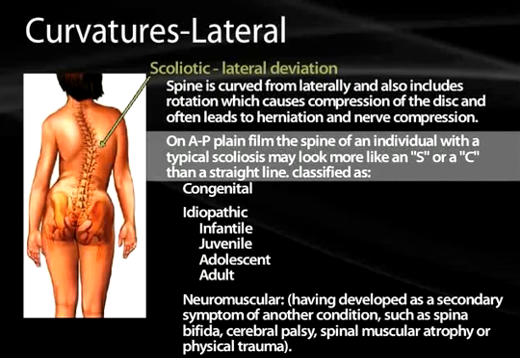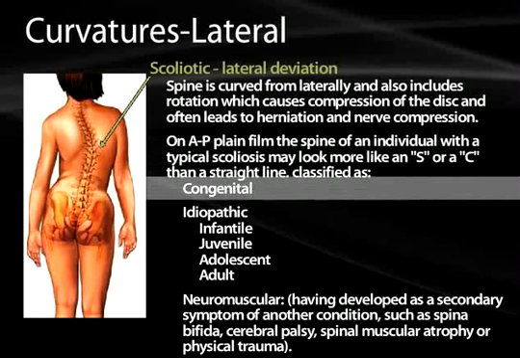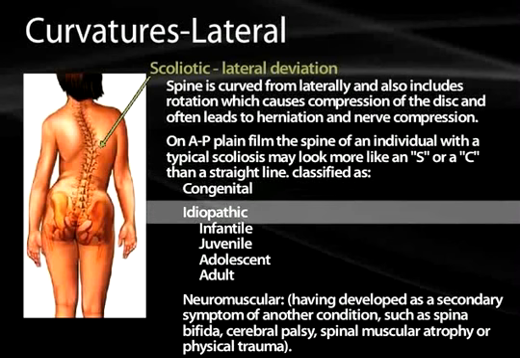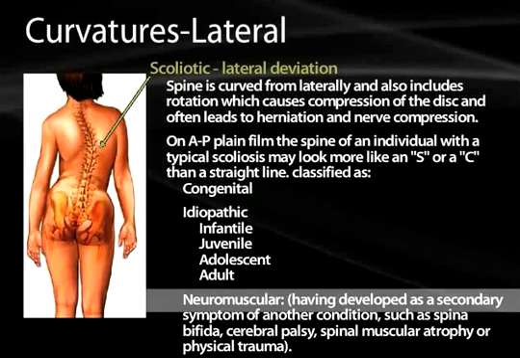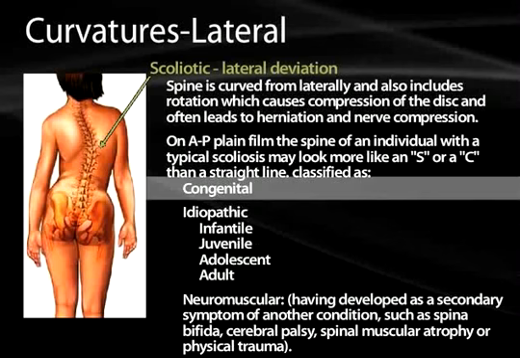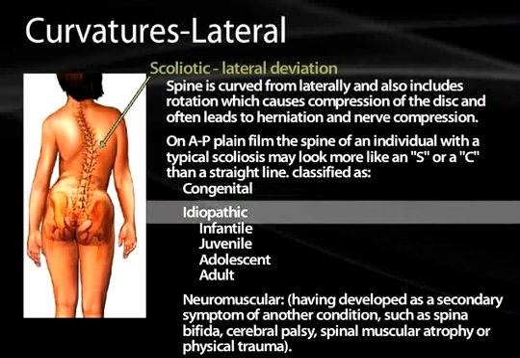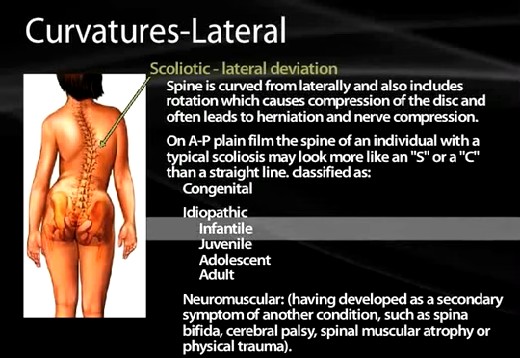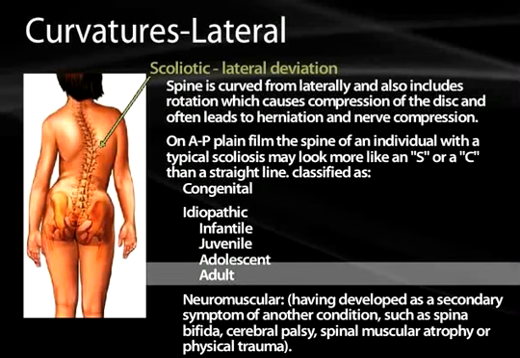On an AP plain film, the spine of an individual with a typical scoliosis may look more like an S or a C than the straight line. And it's classified as congenital, idiopathic, and also neuromuscular. The congenital ones, of course, you're born with. The idiopathic can be either juvenile, infantile, adolescent, or adult in formation.